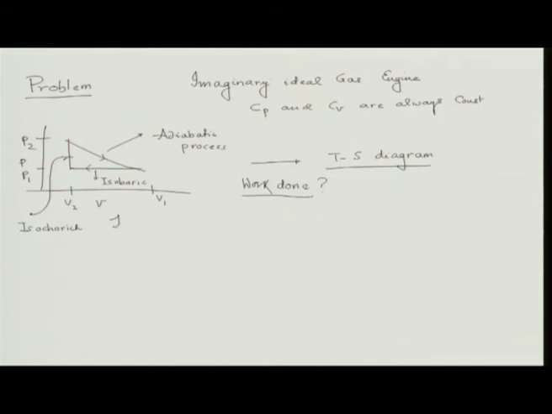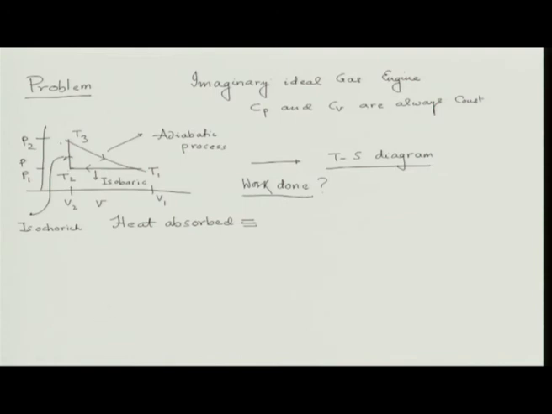Let us see, heat absorbed. Okay, heat absorbed in which process? Here you see pressure is increasing, which means temperature is increasing. Let us call this temperature T1, this temperature T2, this temperature T3. Okay.